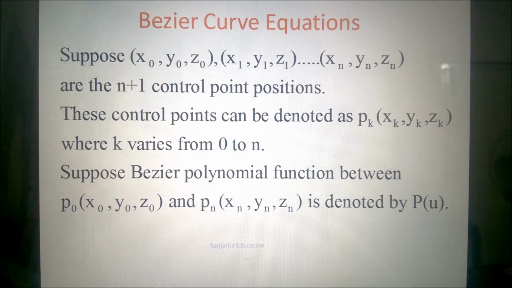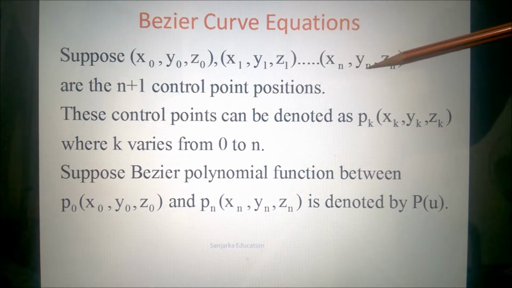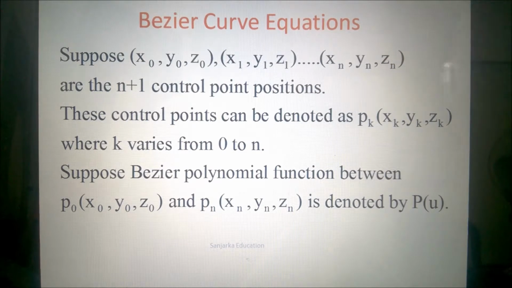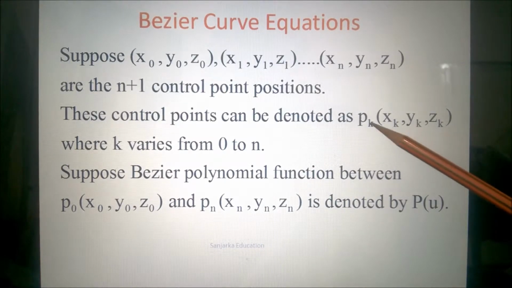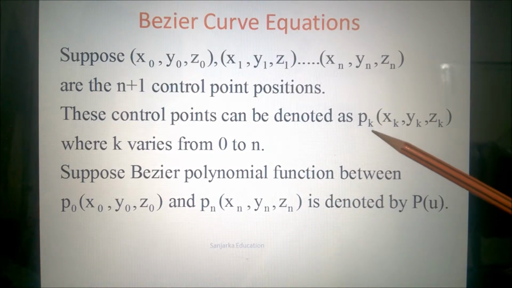Now we'll discuss the Bezier curve equations. Suppose x0, y0, z0 is the first control point, and the last control point is xn, yn and zn. In that way, we get n plus 1 control points, and these n plus 1 control points can be denoted by a single notation, p subscript k.